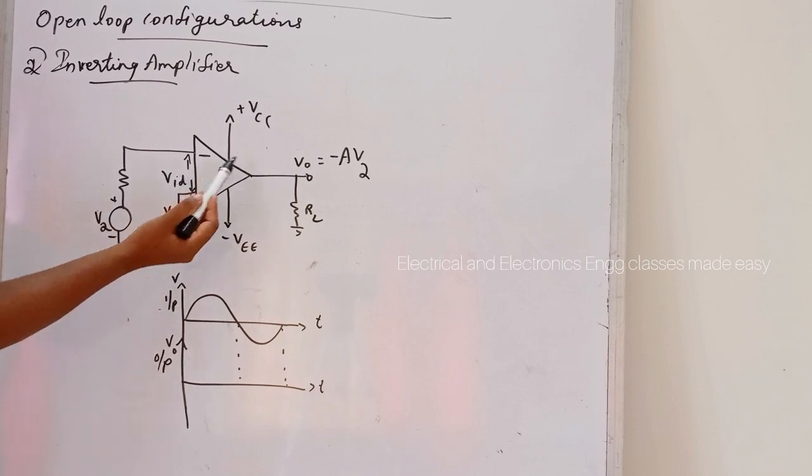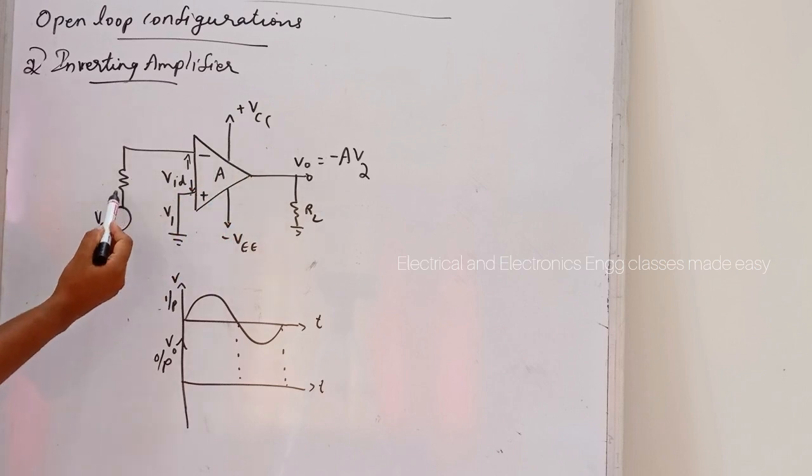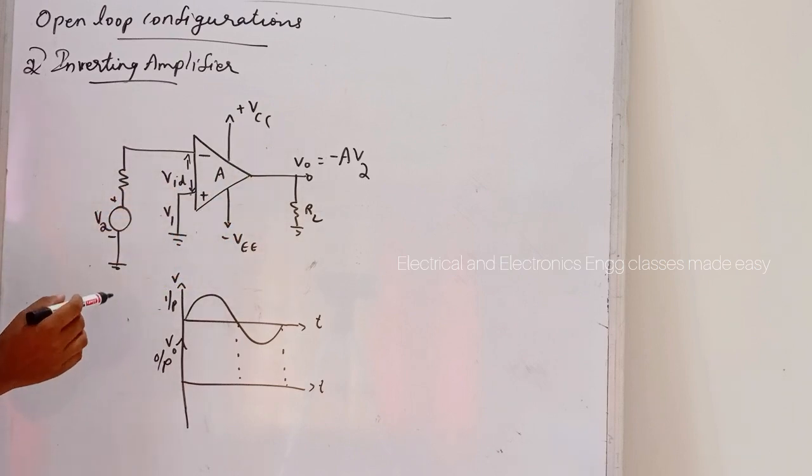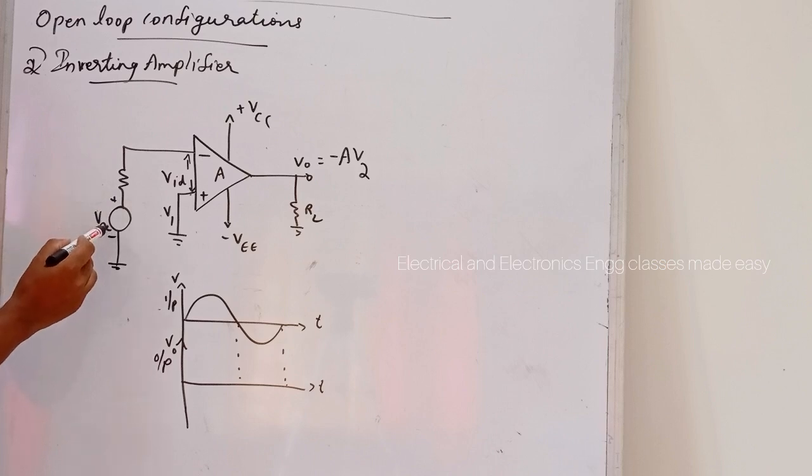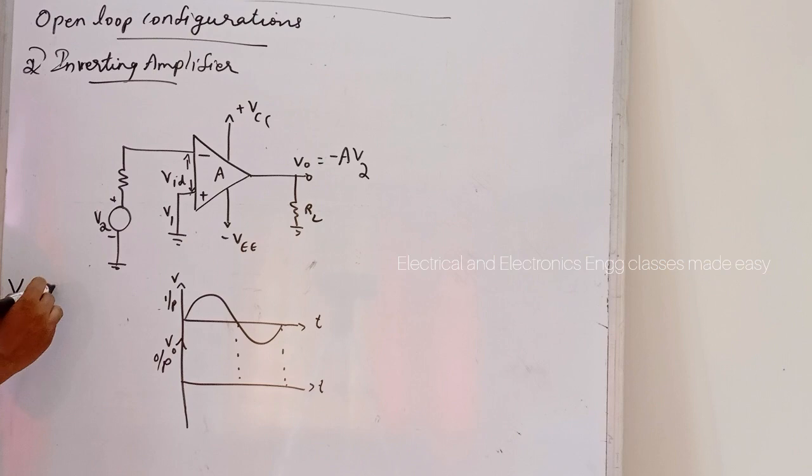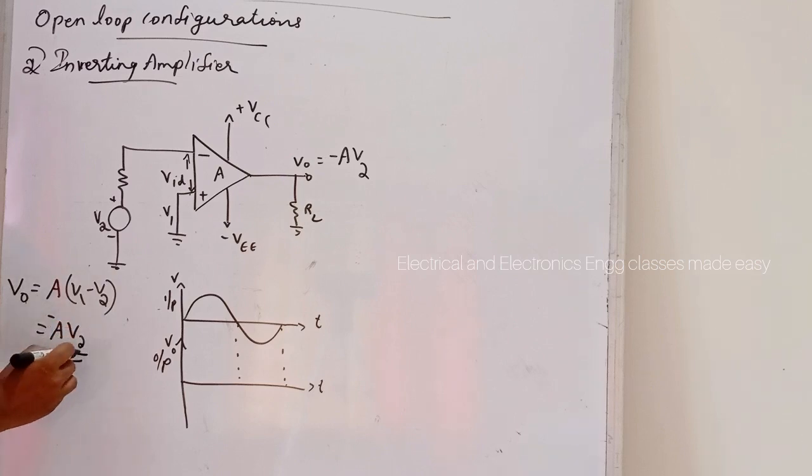So the output voltage is 180-degree out of phase with respect to the input, because it is connected to the inverting terminal. So the output voltage V0 is equal to A into (V1 minus V2), and V1 is 0. So minus A into V2 is the output voltage.